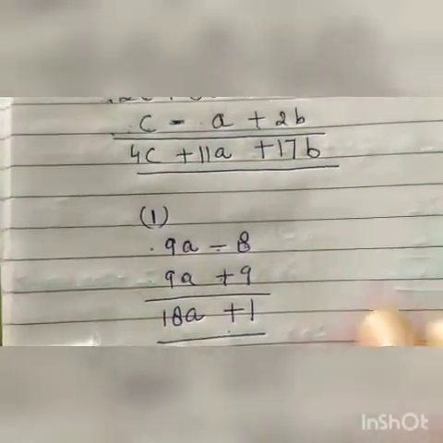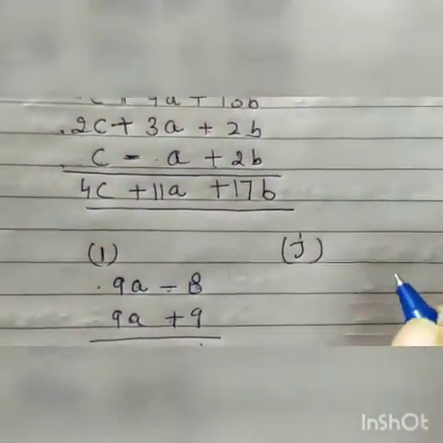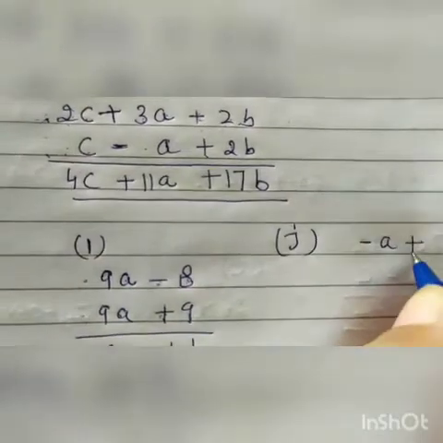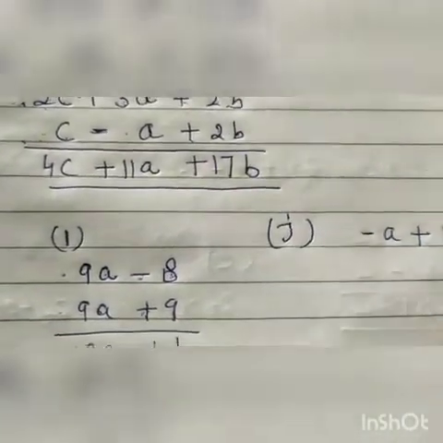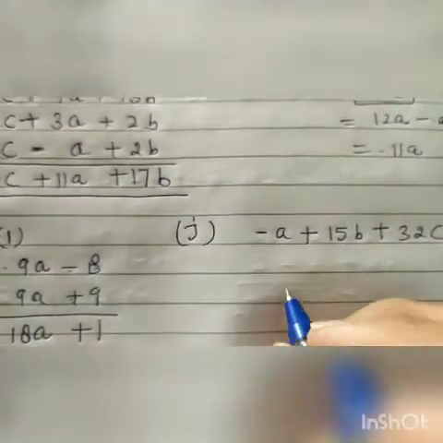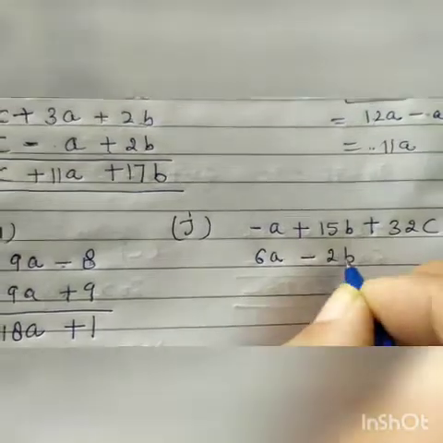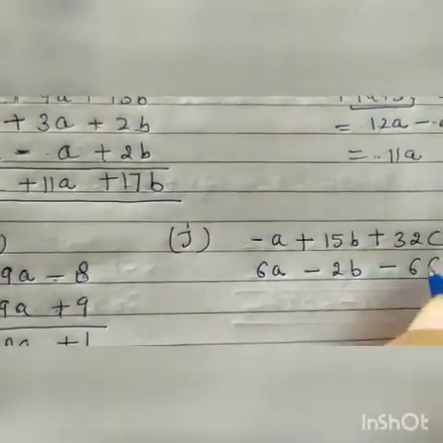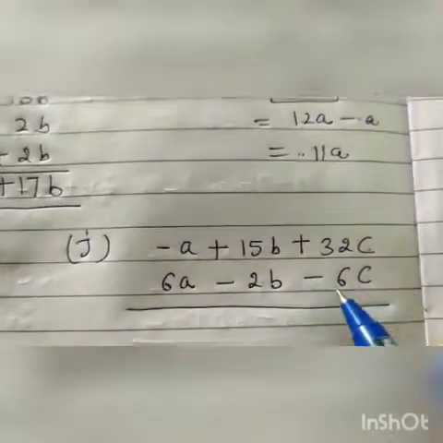Okay students. Then J. J is minus a plus 15b plus 32c, then 6a minus 2b minus 6c. Plus 32c minus 6c.